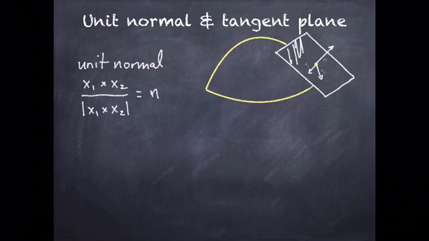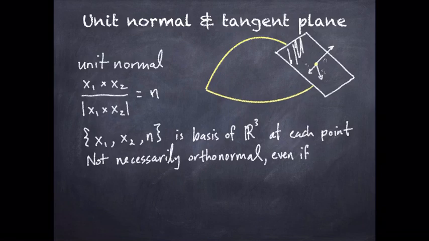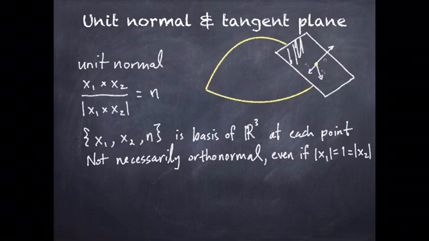Okay. Now, the vectors x1, x2, n, these vectors make a basis of R3 at each point on the surface, much like the Frenet basis for a curve. Okay, but it's very important to note that this is not necessarily an orthonormal basis.